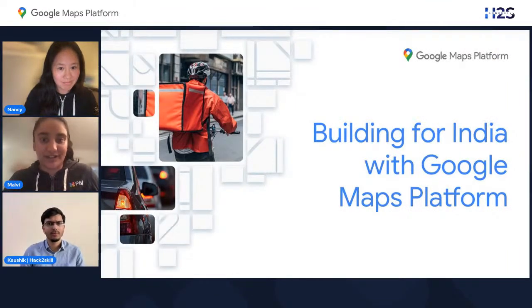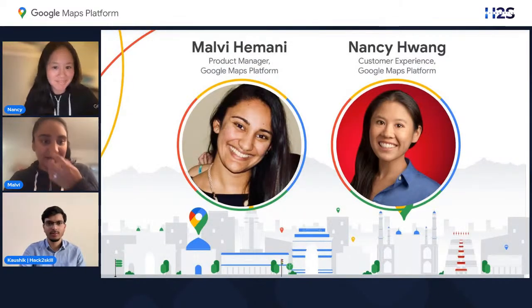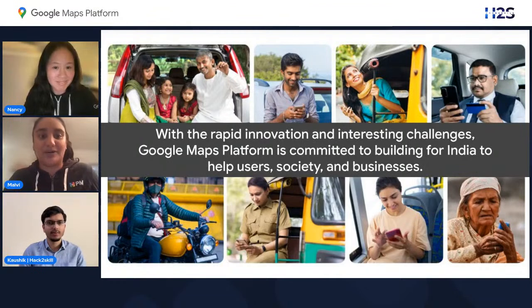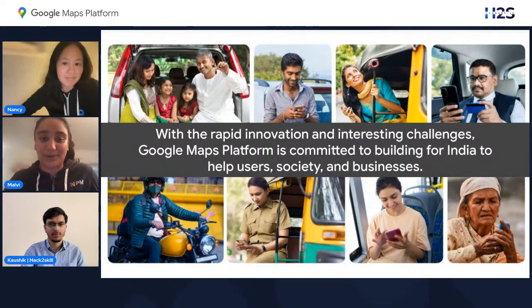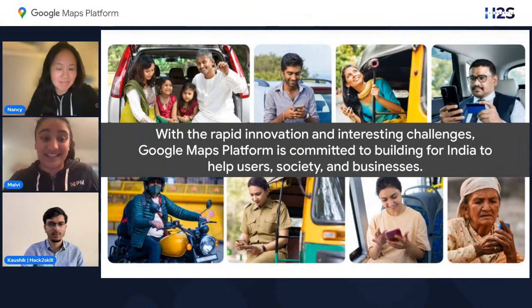So without further ado, I'll get started with a little bit about our presentation today. On the next slide, I'm going to cover a little bit about why Google Maps is working in India. As you all know, as you live there, the pace of change in India is pretty expansive. We on the Google Maps side have been working on India and helping map the world in India for almost 15, 16 years now.